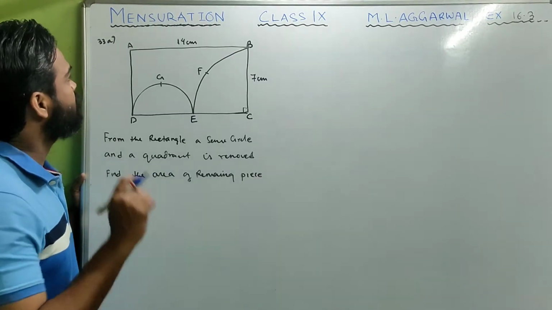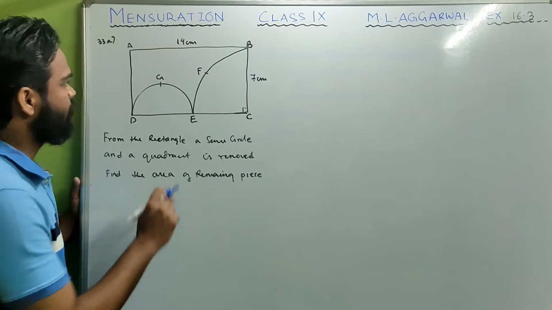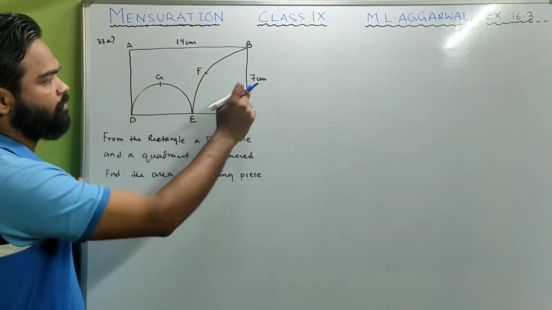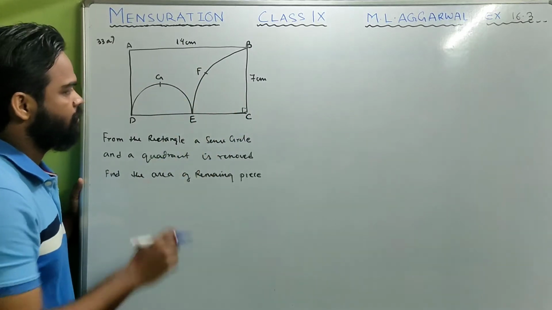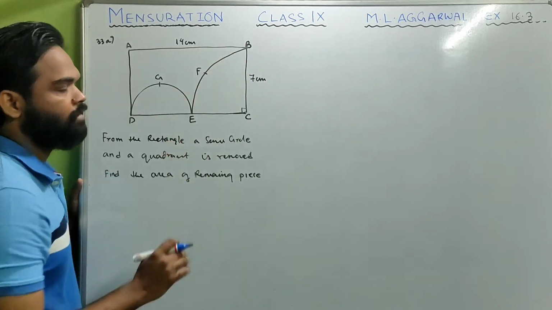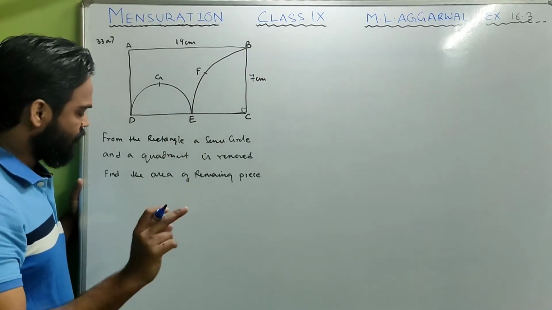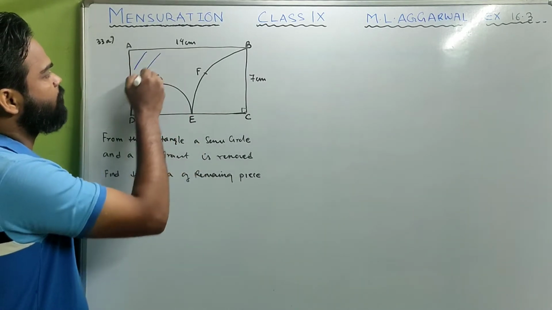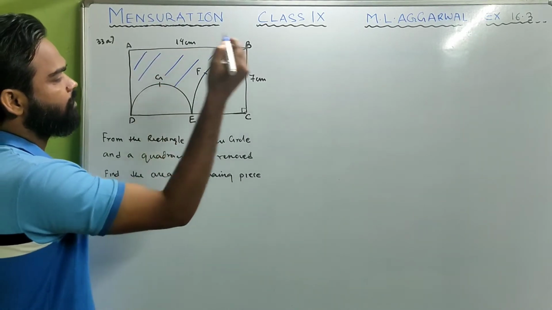Now look at sum number 33 part A. Pretty easy. From a rectangle you can see ABCD. AB is 14 centimeter and BC is 7 centimeter. A semicircular region, okay, and a quadrant has been cut out. They've asked for the area of the remaining piece, okay, which means this part. Pretty easy.